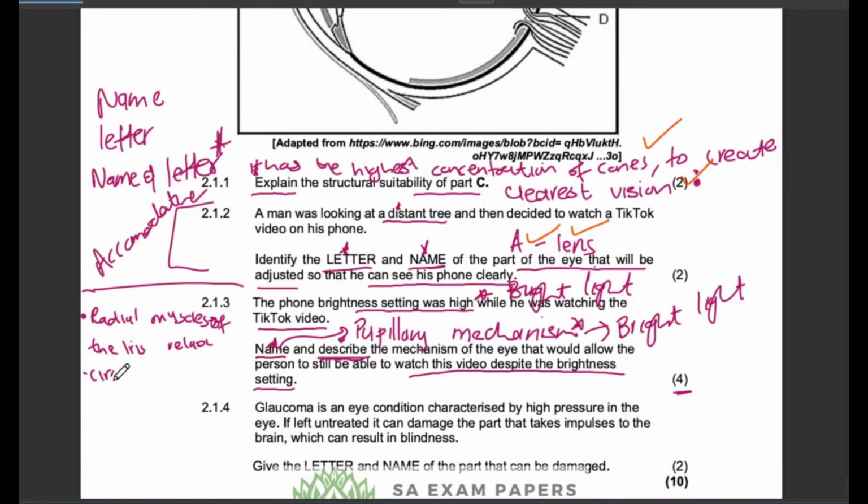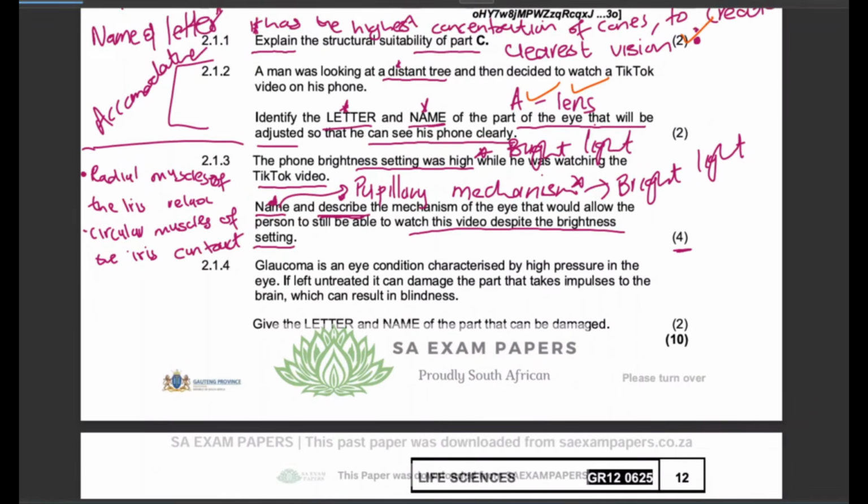So then the saccular muscles of the iris are then going to contract. They work in opposite manner. Contract. Then what will then happen to the pupil? It is going to constrict. Remember now, the light is very bright. So the pupil will constrict.